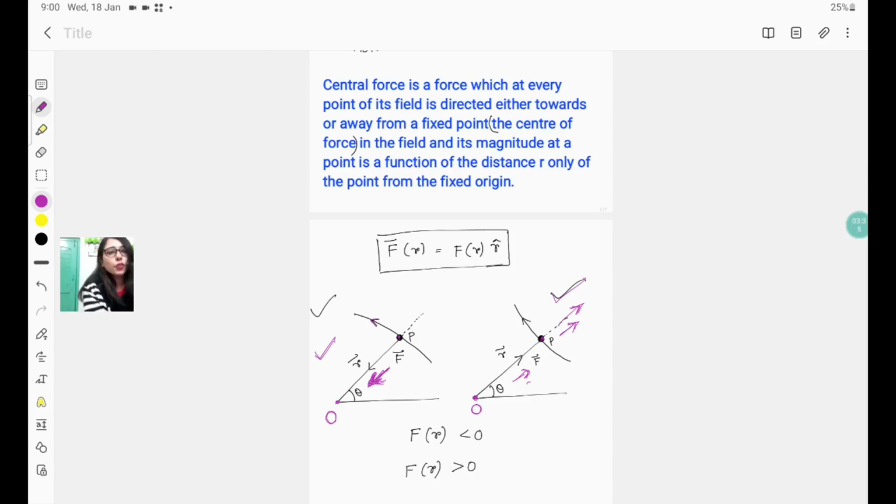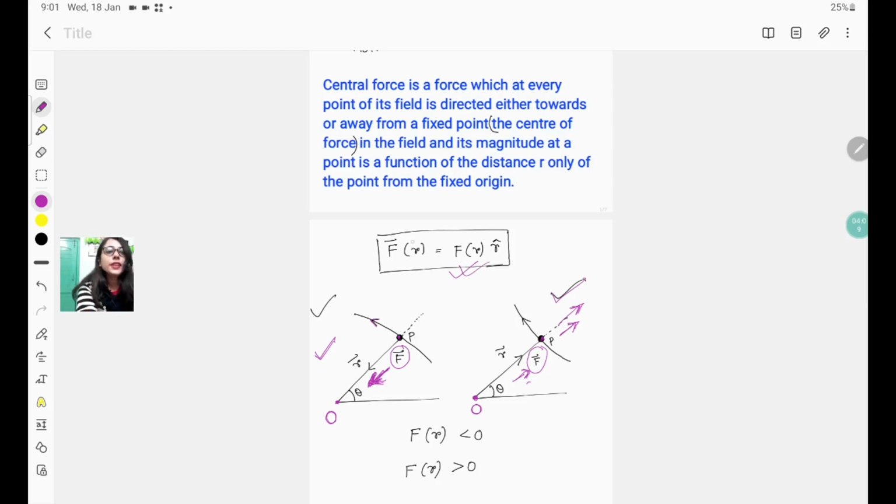If there is a point along which the force is acting either towards or away from that point, that point is called the center of force. That is, this O is called the center of force, and the magnitude at a point is a function of the distance r only. That is, this force F is a function of r only. This force depends only on r.